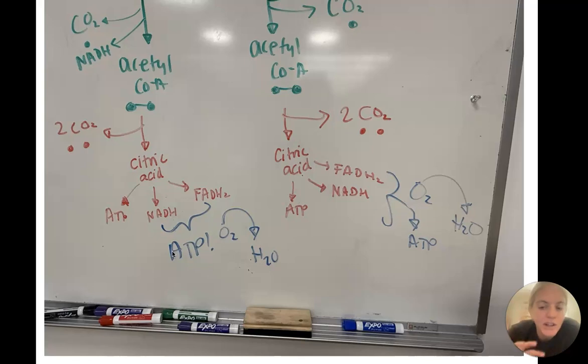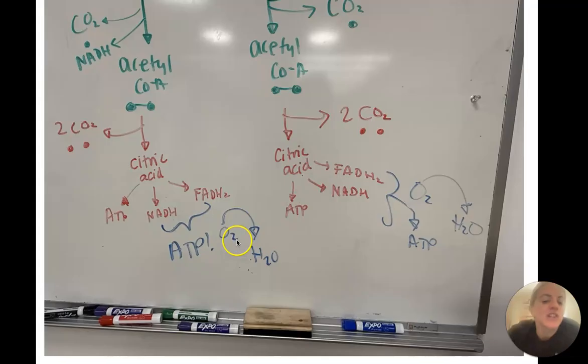These electrons are going to move down the chain, and as they do, they're going to release protons, H+ ions. And those protons are going to be used to pump through and form a molecule of ATP, and it just does this over and over and over again.